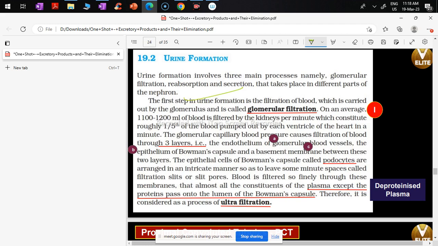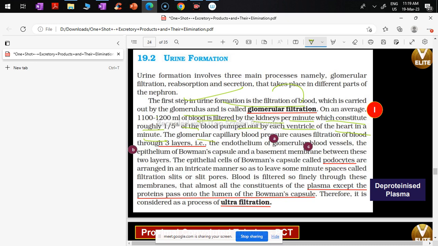On an average, 1100 to 1200 ml of blood is filtered by the kidneys per minute. Important. This constitutes roughly one fifth of the blood pumped by each ventricle of the heart in a minute.